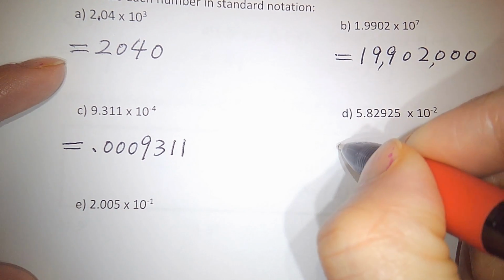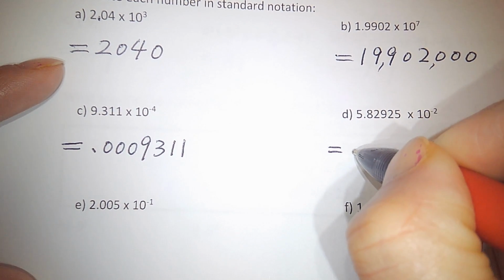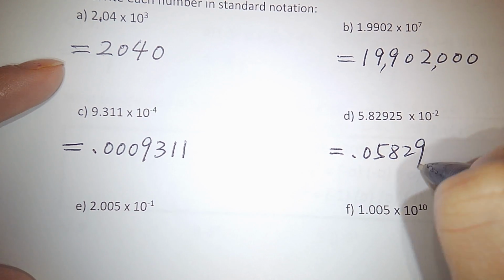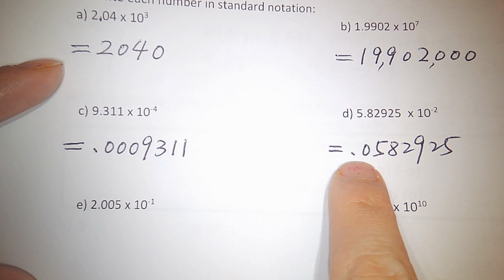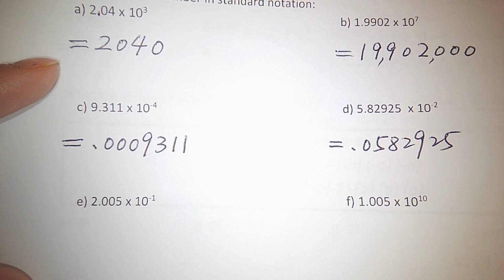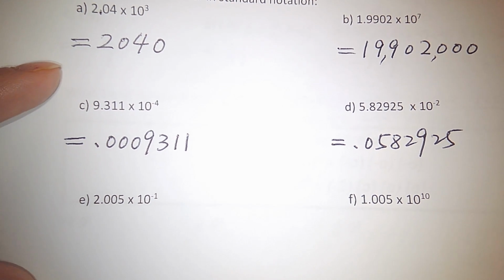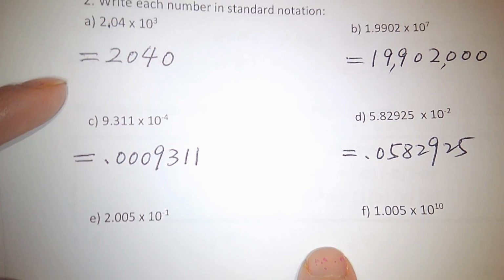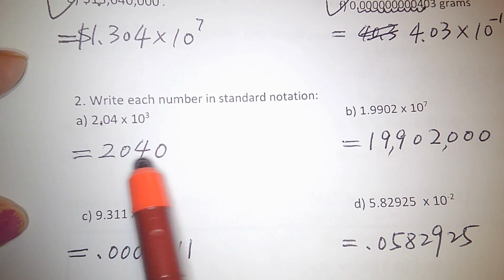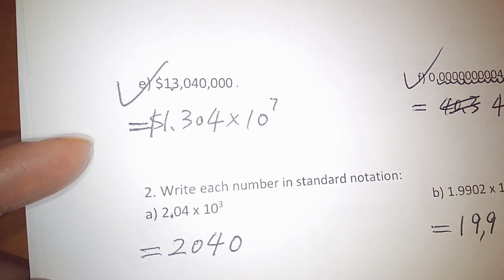What is the answer, Jose? It's going to be 0.0058295. Yeah. So 0.058295, right? You guys, everybody? Okay, so these are questions about converting a scientific notation to what? Standard notation. Okay. Now let's turn to the next page.